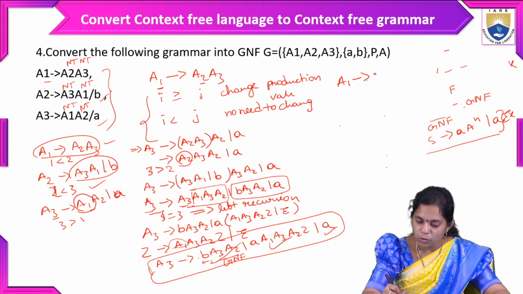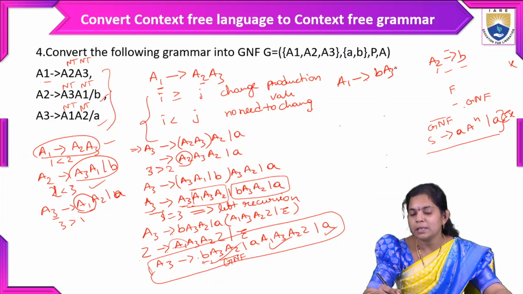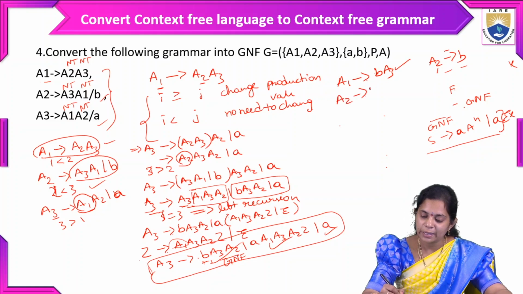If you substitute the value, A2 tends to B, we will write B A3. So B A3 is GNF. And A2 tends to A3.